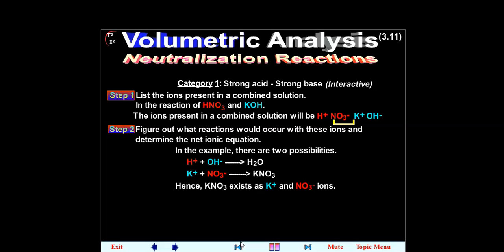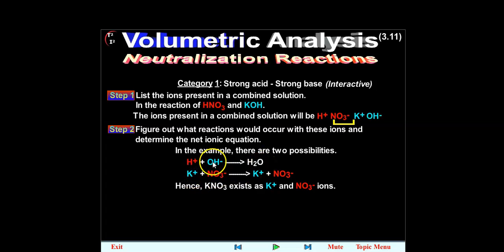Hence, KNO3 exists as K plus and NO3 minus ions. Now you see the reason why there is no precipitate, because all of them cancel out. They are all spectators except the water that is being formed.